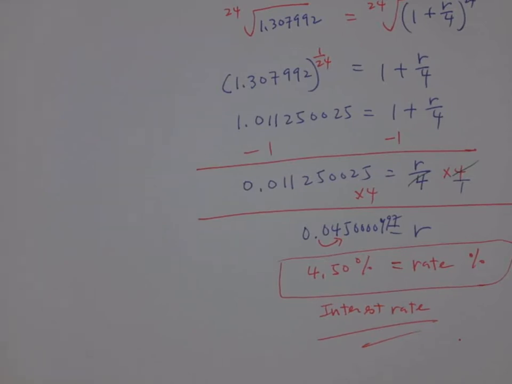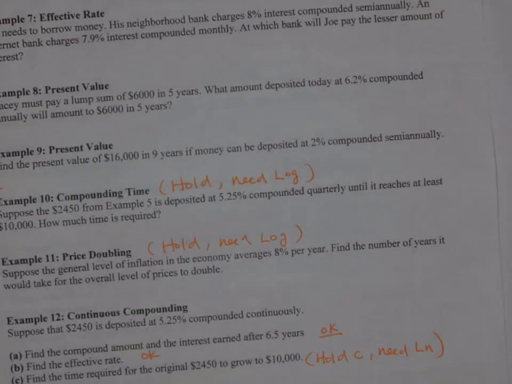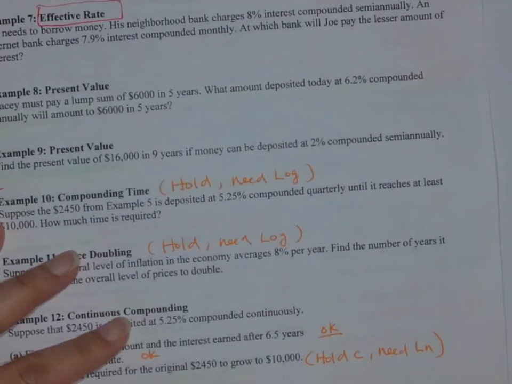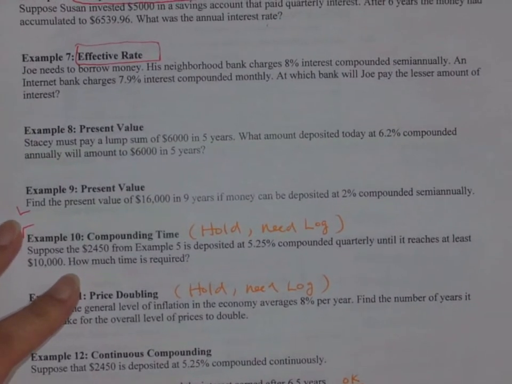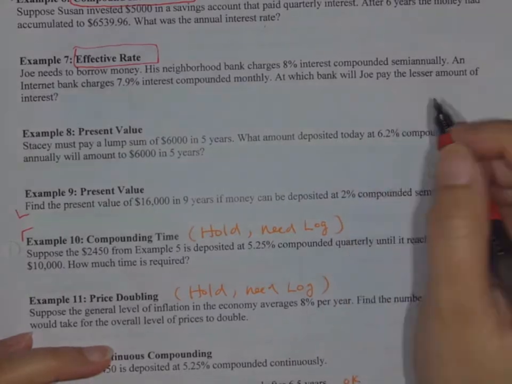So the next question, we're going to look at number 7. It's talking about effective interest rate, and we have a special formula for that, right? So for this one, Joe needs to borrow money. His neighborhood bank charges 8% interest compounded semi-annually. So that's one of the options.